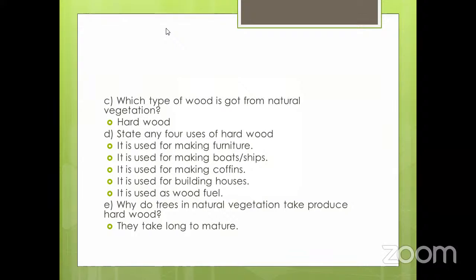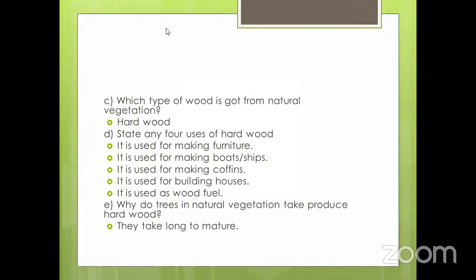I see Techno. I needed to know your name. Techno, maybe you'll tell me your name as you give us the response. Techno, P7 01. Okay, Ruth, you can tell us. Natural vegetation is used for making shade.